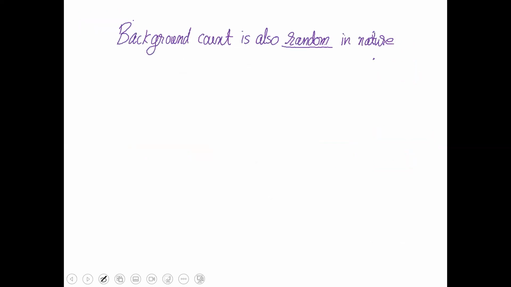Now, look at this concept. Background count is also random in nature. Random means fluctuating. Random means fluctuating. You have to copy this.